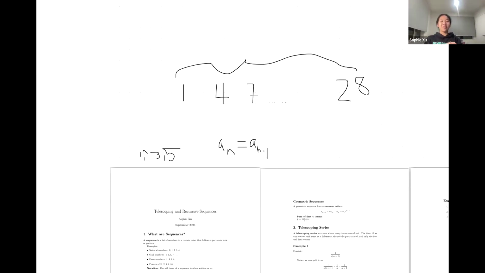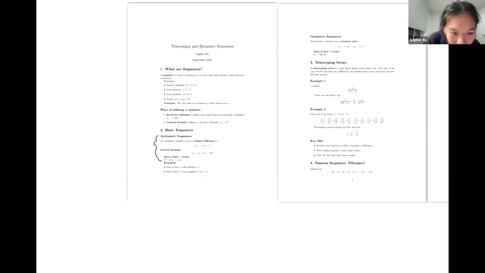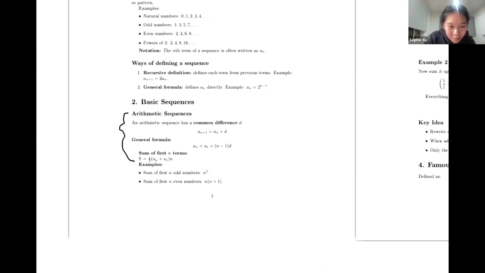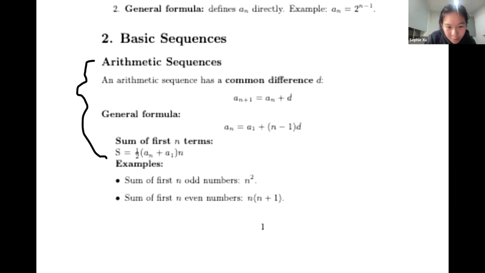Wait, hold on. Sorry, give me a sec. No, this is wrong. It's not half. It should be 1 over the common difference, 1 over d, because otherwise it doesn't work, right?